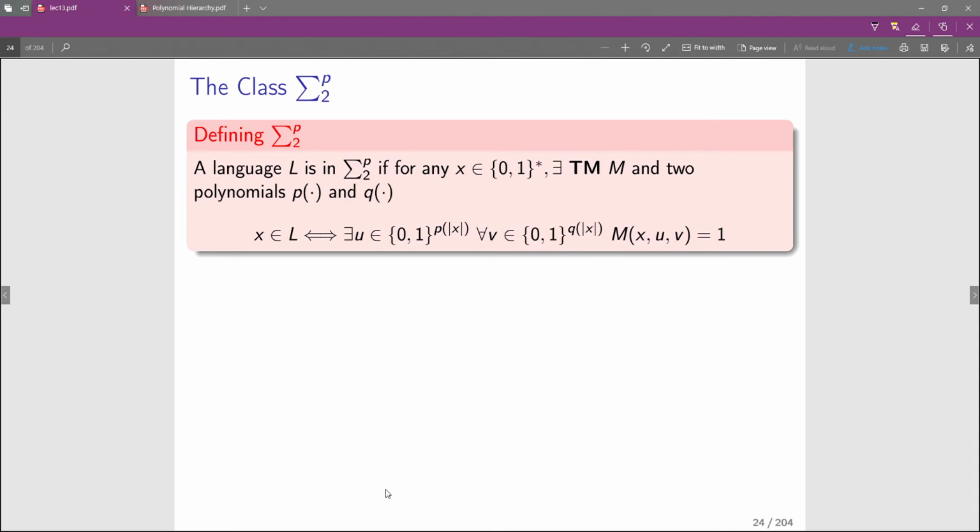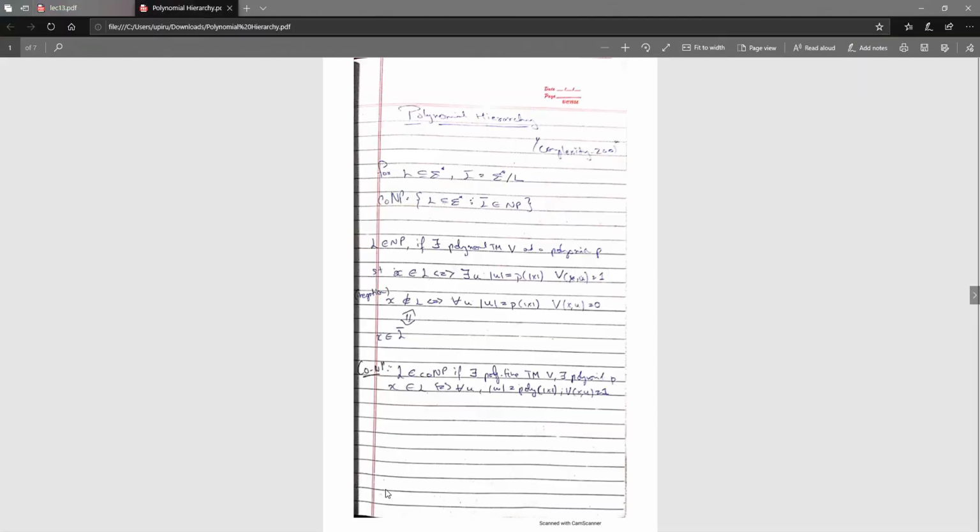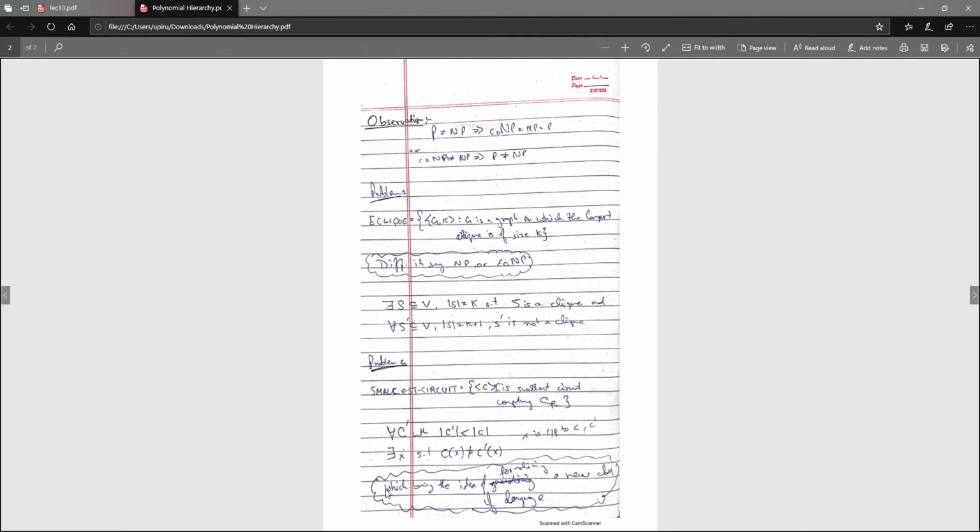Okay, I'll switch to another note where we can see one more problem. There is one other problem called E-clique, which is similar to our independent set problem. E-clique: G is a graph in which the largest clique is of size K, same as the largest independent set, right? Clique and maximum independent set have a one-to-one correspondence.